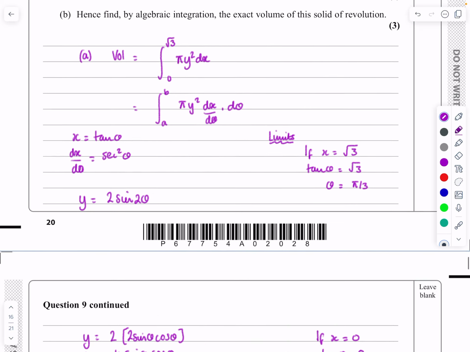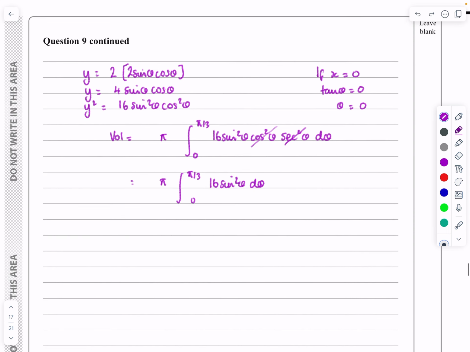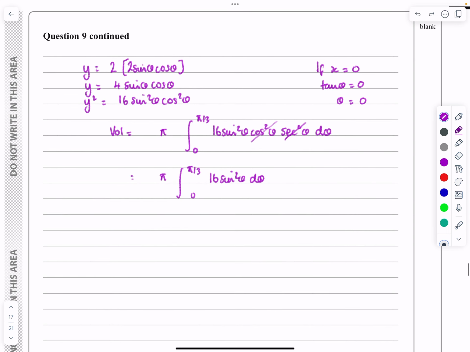Now it's worth probably going back and having a look at this business here, but also I can see that I've got cos 2 theta equals 1 minus 2 sine squared theta. I'm now going to use that, and it looks like the formula is going to drop out quite nicely here. So let's tell the examiner what I'm doing. Cos 2 theta is 1 minus 2 sine squared theta.